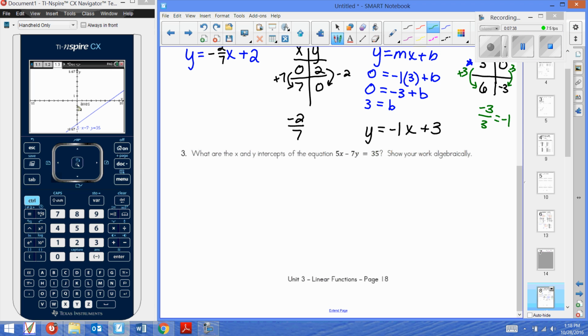All right, so how can I find this algebraically? Well, let's think about this. If I want to find my x-intercept, have I gone up or down at all? The answer is no. So for my x-intercept, my y value will always be 0. So let's find the x-intercept.